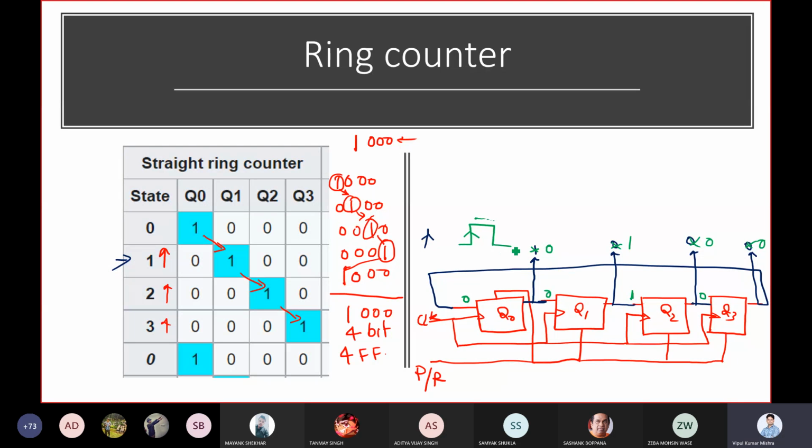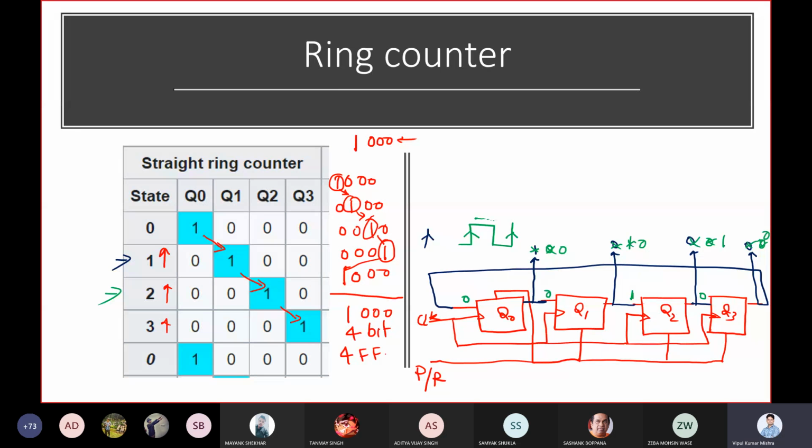Now, when this rising edge comes again, what will happen? These inputs will propagate and they will become the output. So the next output will become 0, 0, 1 and 0. Got it? This is what we required.